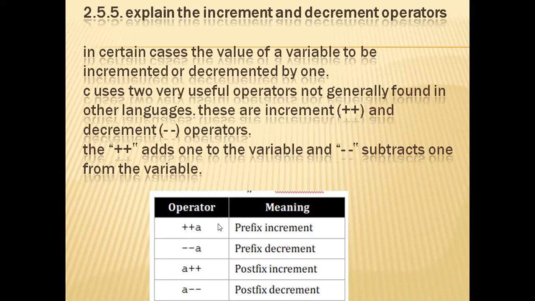Okay, and these are the various types. Plus plus a means it is a prefix increment. Minus minus a means it is a prefix decrement. a plus plus means it is a postfix increment, and a minus minus means it is a postfix decrement. All these are the various prefix and postfix increment and decrement operators.